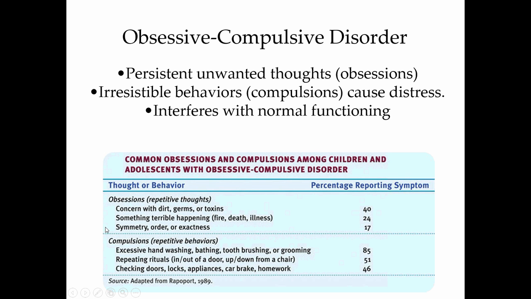Also, you might have some obsessions for symmetry, order, exactness, so the person must line up everything according to certain numbers, or everything must be arranged by height, or you name it. And so that, again, pushes that compulsion. If the person is prevented from performing that compulsive behavior, often they will experience tremendous anxiety as a result.